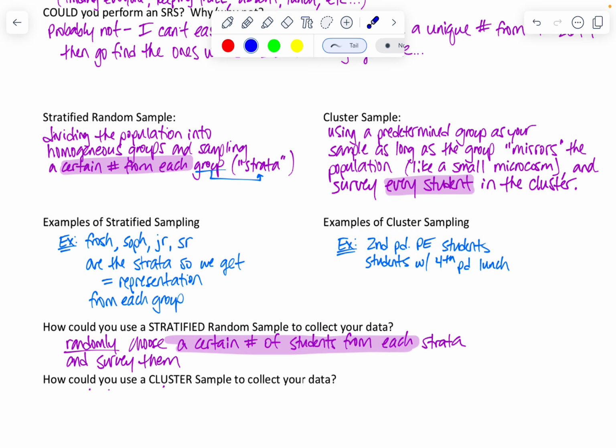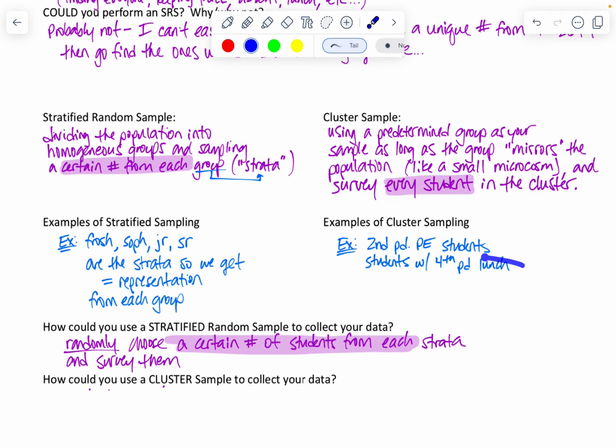So it's okay to maybe look at second period PE as a small microcosm of Fremd High School. It has a really good mix of people inside second period PE. So then I would select second period PE, and I would give the survey to every single student in that second period PE.